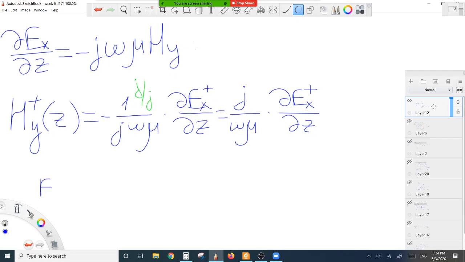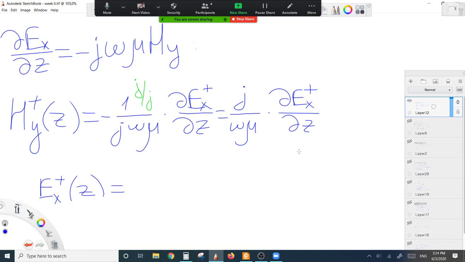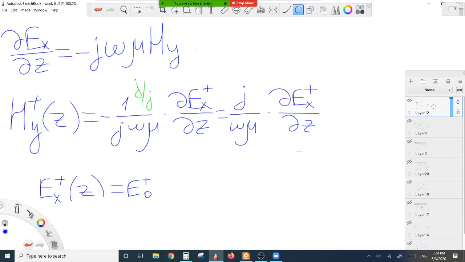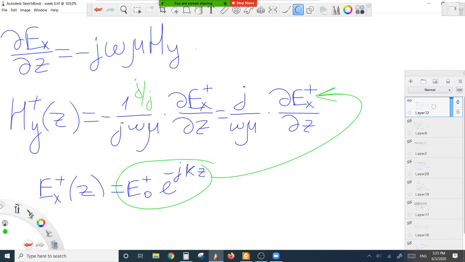If we remember, for the forward propagating wave, Ex plus in terms of z was equal to E0 plus e to the power of minus jkz, and we take it and replace it here and calculate the derivative.